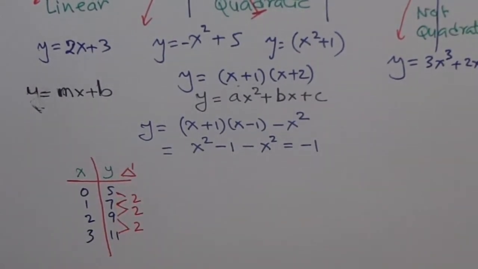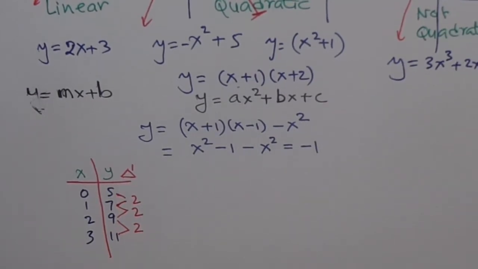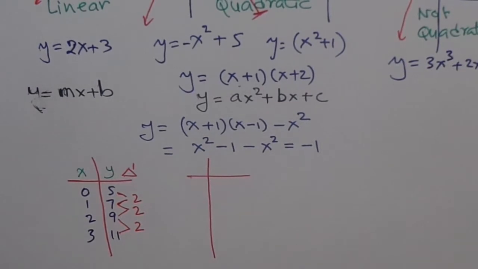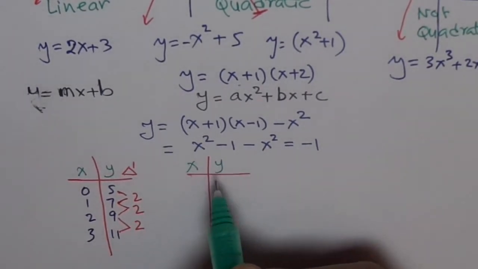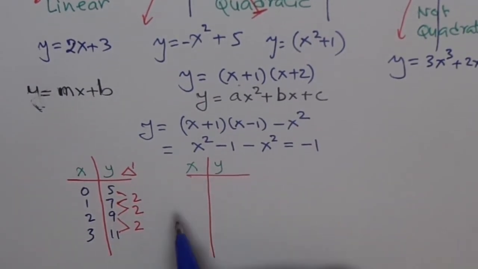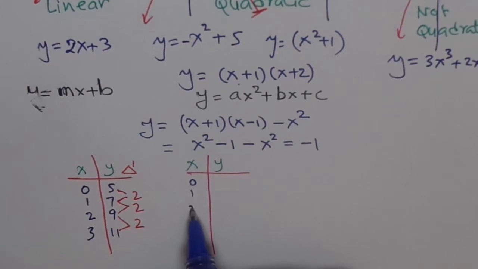So if the first difference is constant, then it represents a line, a polynomial with degree 1. But in case we have a set of values where the first difference is not constant, then it will not represent a linear line, but it could be some other non-linear function, correct?